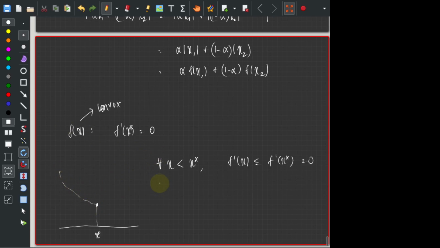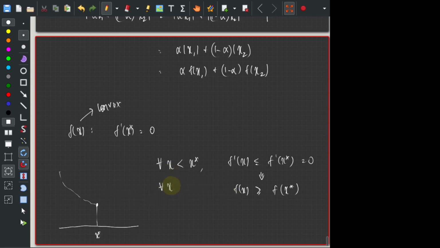So what this means is that for all x less than x star, what can you say about f of x? It should be greater than or equal to f of x star, right? Because it is non-increasing certainly.